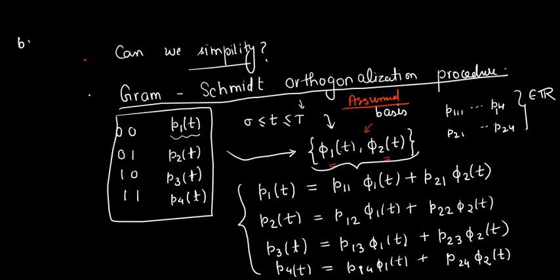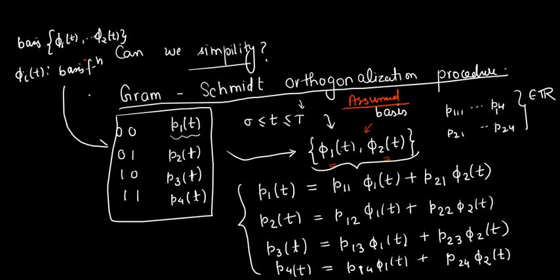So, basis is a set of all the orthonormal basis functions. Phi is the basis function which is used to represent the given set of waveforms.